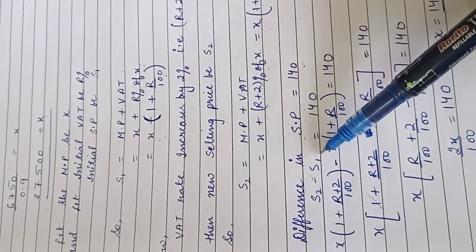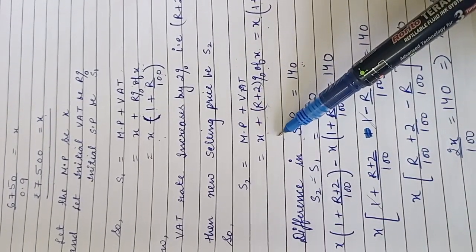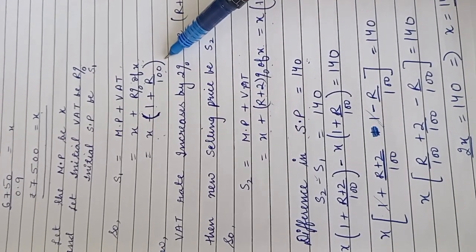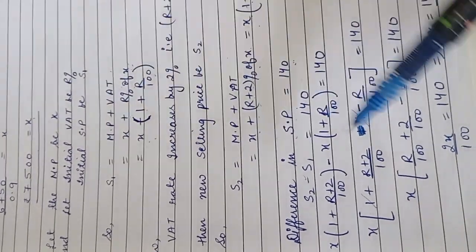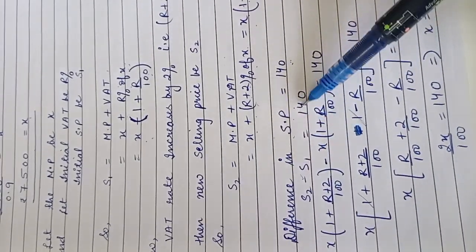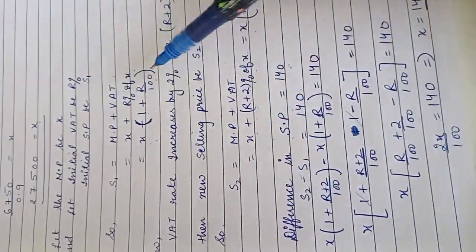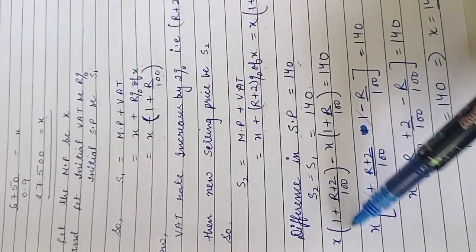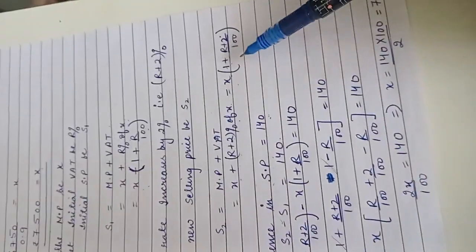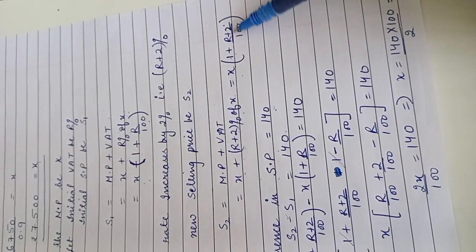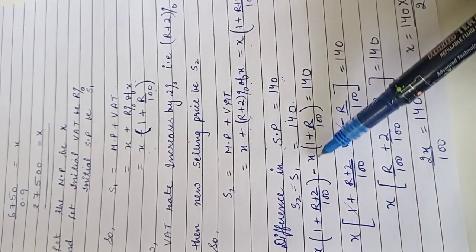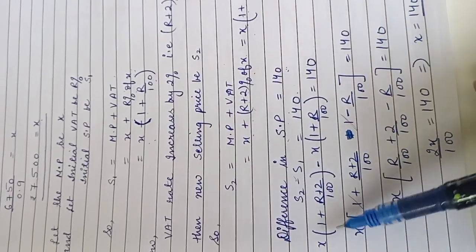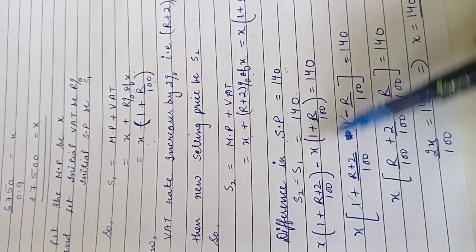So s2 minus s1, the second selling price after increment and the first s1 which we took initially, is 140. Again I substitute the values of both s1 and s2 here. It will be x(1 plus (r plus 2)/100) minus x(1 plus r/100) equals 140.